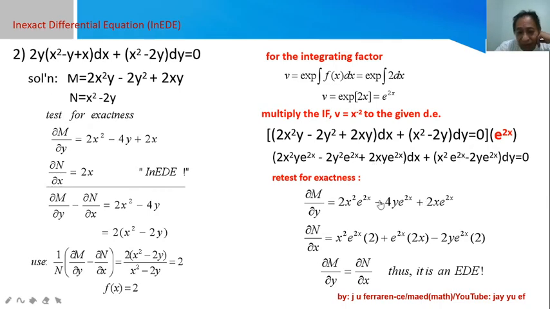Now, I have to get the result of the second coefficient, from the dy. If that's differentiated with respect to x, will it produce the same result as the previous? This is all in x, so you can apply a product rule. We have x squared with exponential u form, so it is exponential u, which is 2x.